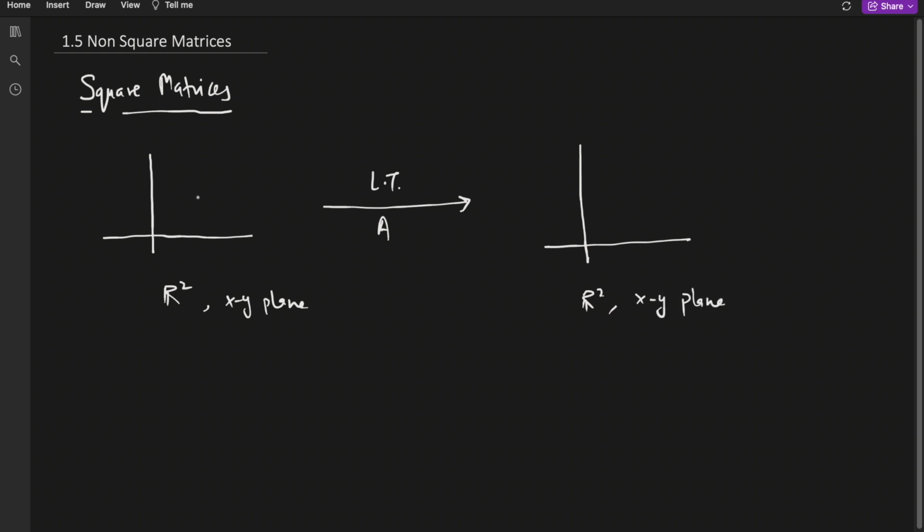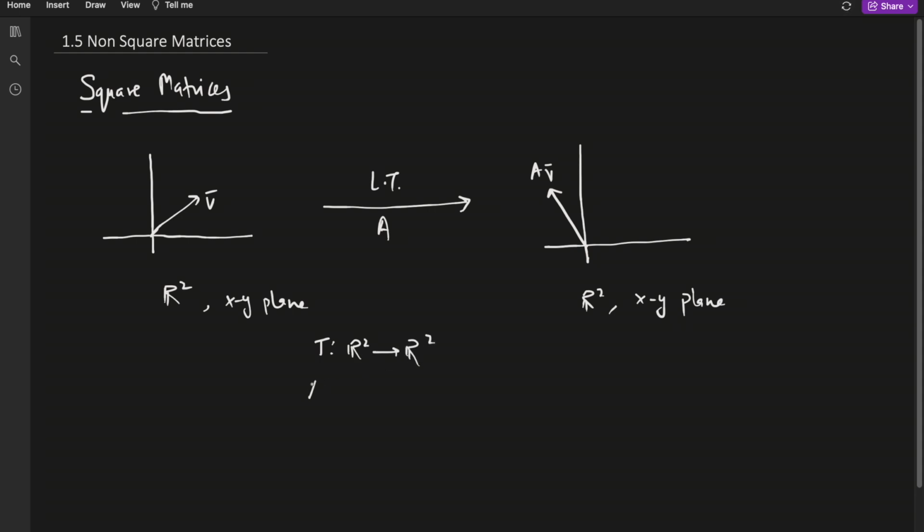Let us suppose this is the initial vector, and this is the transformed vector, which is A times V. So this linear transformation T is from R2 to R2, right?